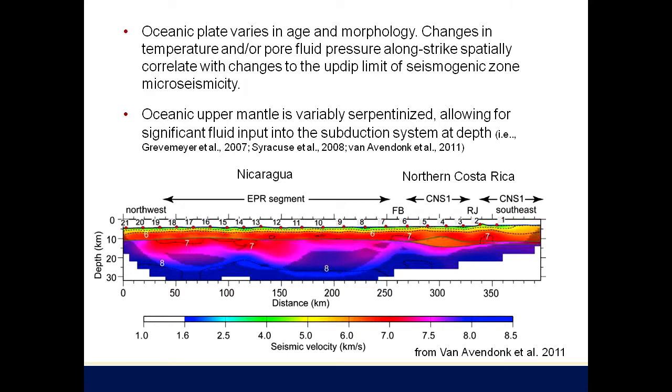We have been able to track changes in the temperature related to that age and/or pore fluid pressure along strike, and seen that as you move from Cocos-Nazca crust into East Pacific Rise crust, you move from hotter oceanic lithosphere to cooler oceanic lithosphere, and there is a subsequent very small 5-kilometer depression in the East Pacific Rise side to where you actually start to generate microseismicity. So microseismicity begins slightly further into the system off of Nicaragua and just the northernmost part of Costa Rica.